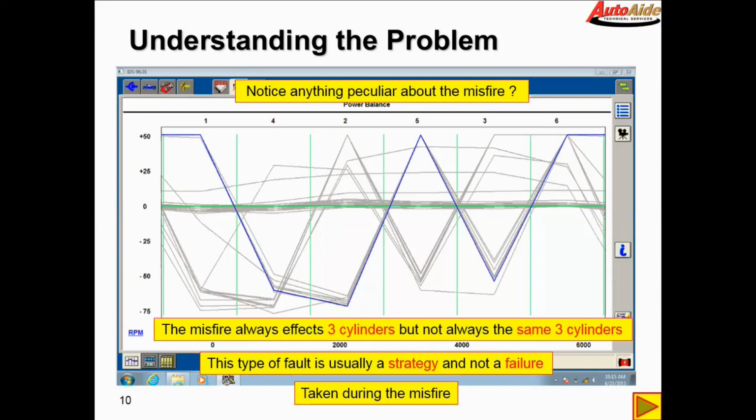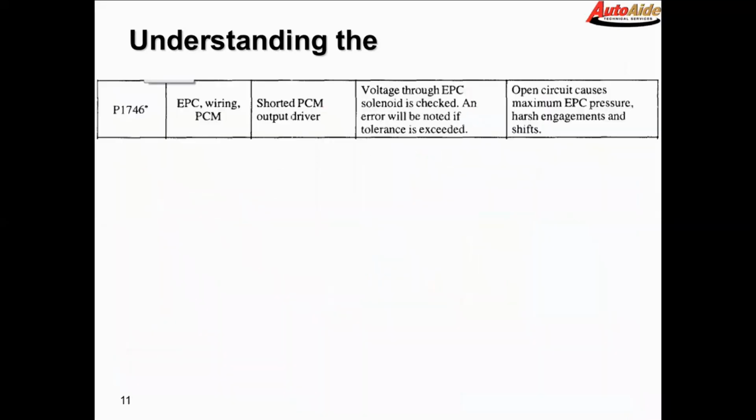Now, this was an old Ford strategy before we had drive-by-wire stuff. A modern Ford would have gone into some kind of limited power mode, and there should have been a code for that as well. The idea being here that you need to separate, is it the transmission causing the engine or the engine causing the transmission? In this case, it's the transmission causing the engine to run poorly.